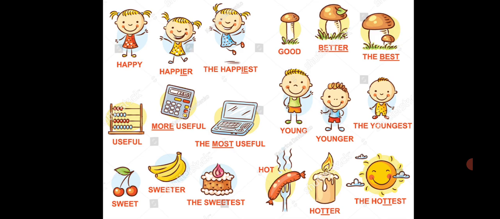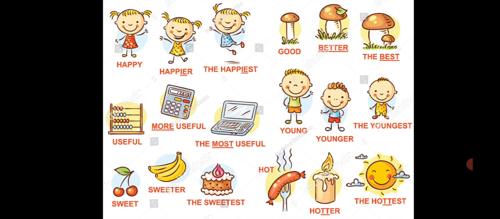Now come to the fourth point, young. Positive degree is young, comparative degree of that is younger, and superlative degree of that is youngest. Similarly, sweet, sweeter, and sweetest. And last, hot.